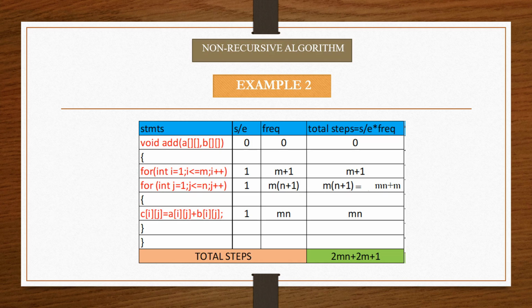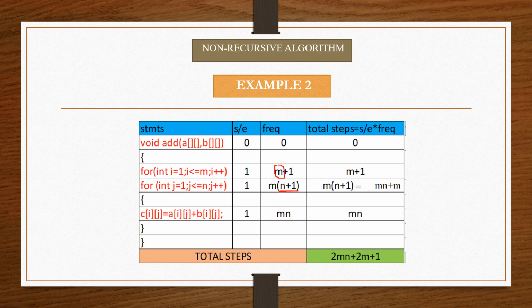And this is another loop which is inside this outer loop. So this inner loop will execute n plus 1 times. But this loop will execute if and only if the outer loop is true. So the outer loop, if it is true, will execute m times.